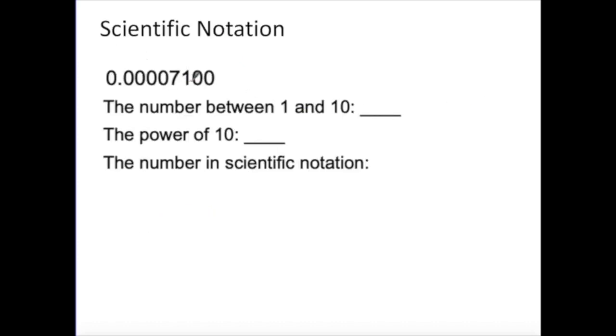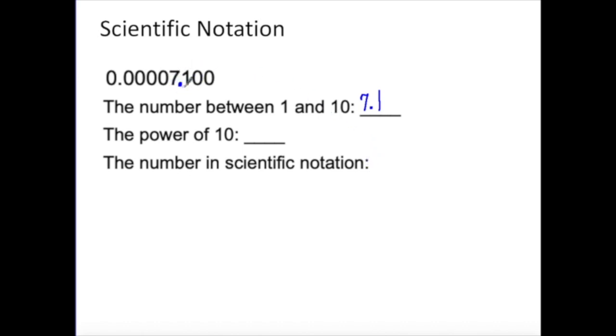So let's take a look. Right here, I need to figure out where I would put a decimal so that I have a number between 1 and 10. So I would have to move the decimal back to right here. So my number now is 7 and 1/10, or 7.1.